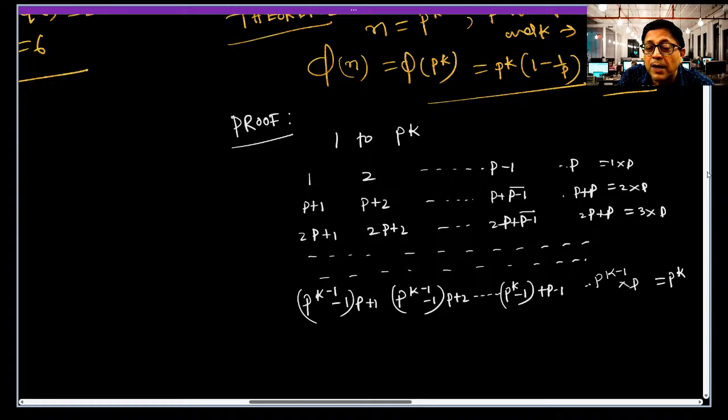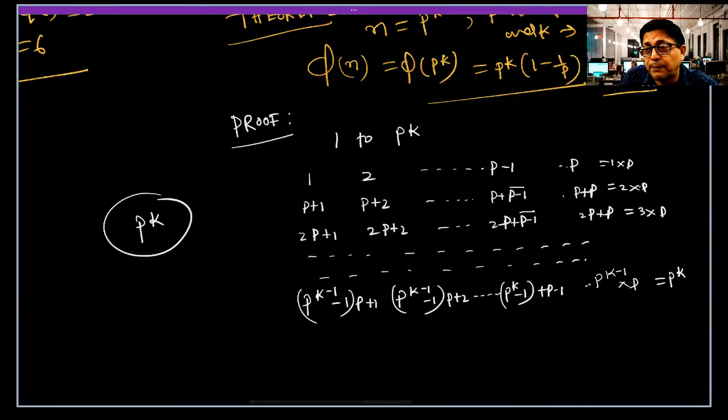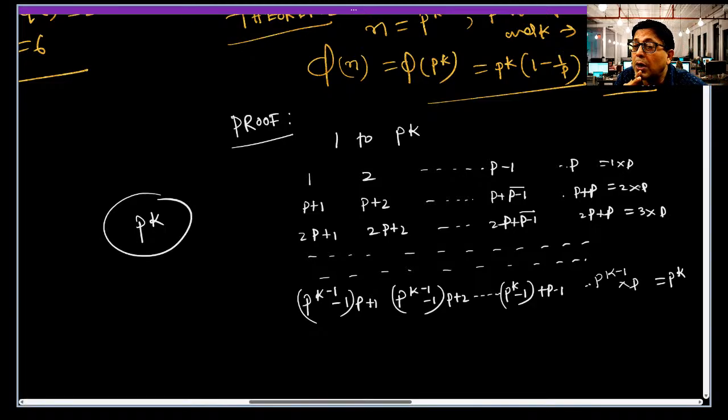Every time you will get that p. The total number of numbers is p^k, that is given. Out of these, p^k minus p^(k-1) numbers are prime.